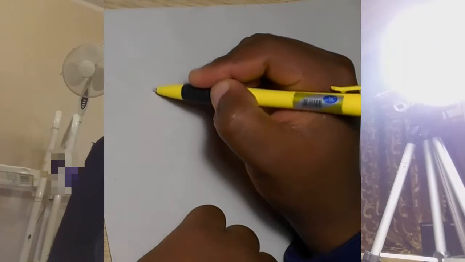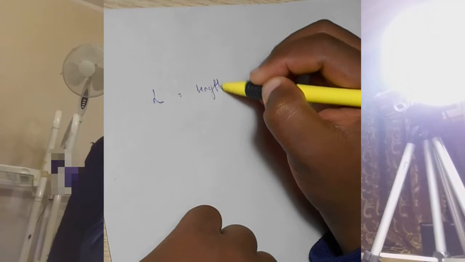Okay, now it's important for us to discuss the SI units. These are international standard units that we use in dynamics. So in dynamics, the first symbol that we have is L. It represents length. And the SI unit of length is the meter. We represent it with a small letter m, 1 meter.